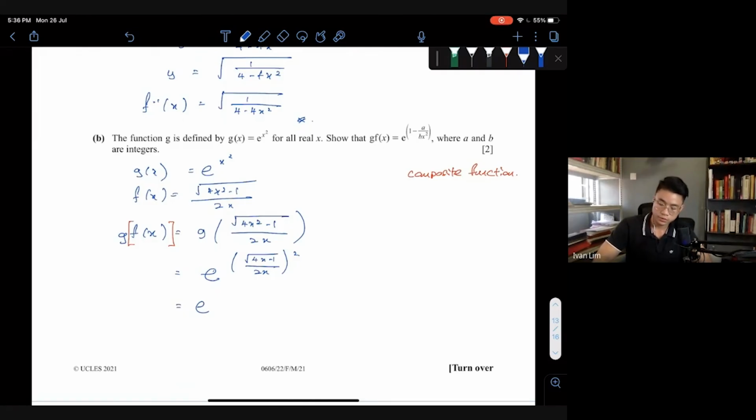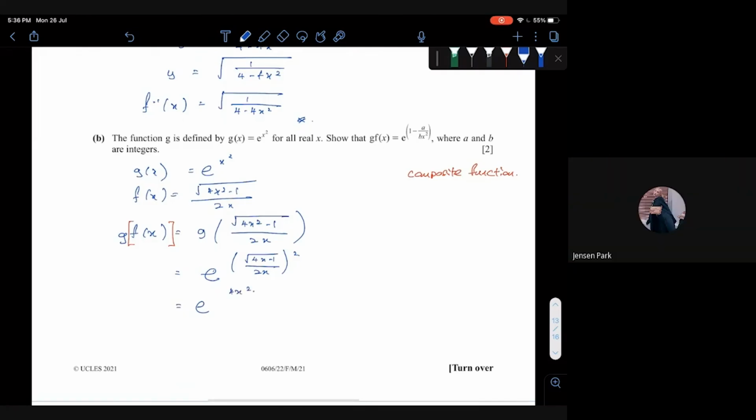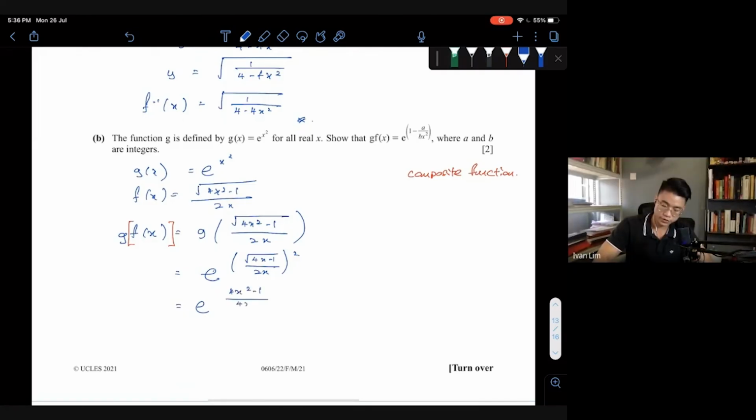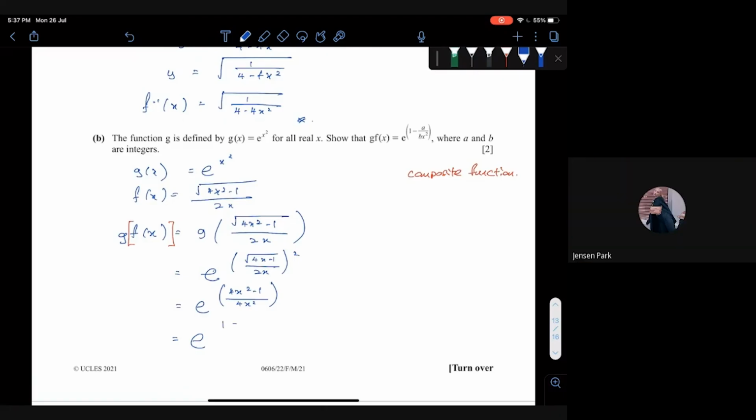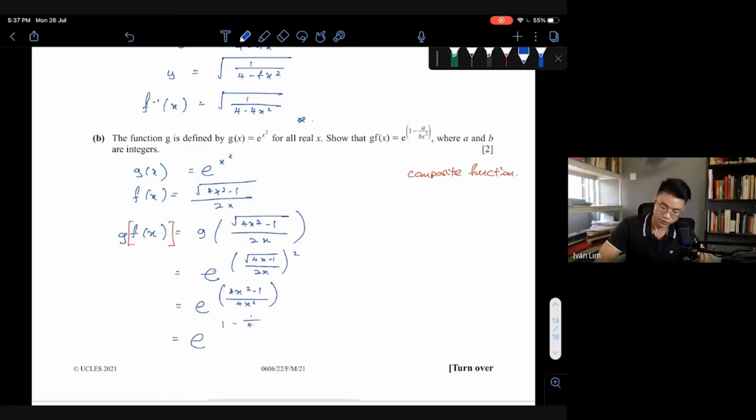E to the power of 4x squared minus 1 over 4x squared. We want to simplify it by splitting them to the same denominator. So 4x squared over 4x squared becomes 1, minus 1 over 4x squared.